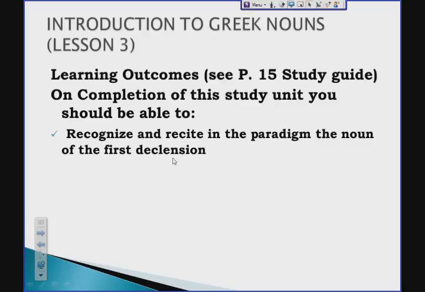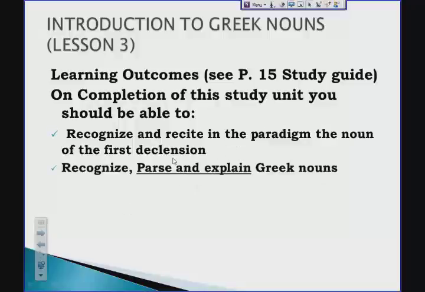Some study outcomes, page 15 of your study guide. This is what we want to achieve at the end of this class: to recognize and recite in the paradigms the nouns of the first declension or the second declension. That's what we are doing today.